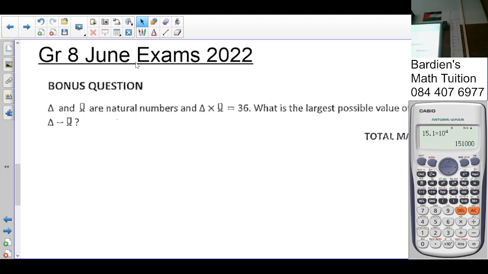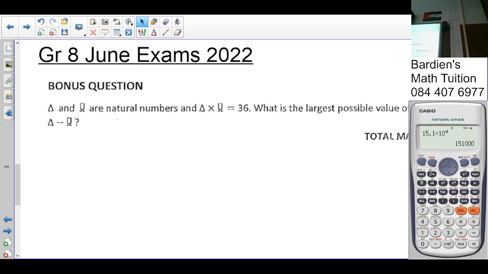Whatever it is, it is just a symbol. The two symbols are natural numbers, and the two symbols multiplied by each other is 36. What's the largest possible value of the difference of the two factors?